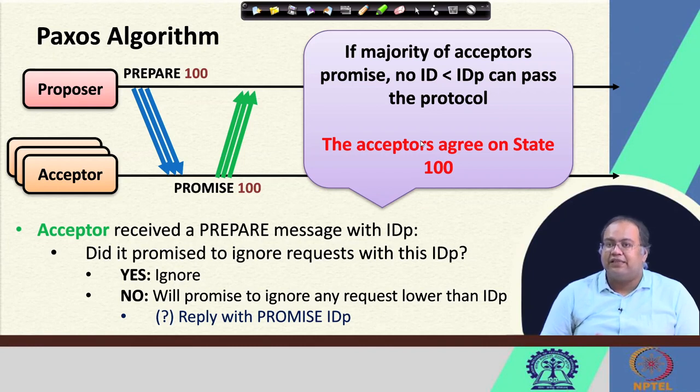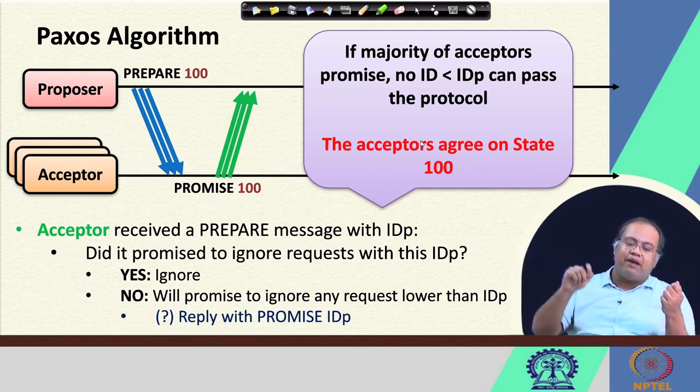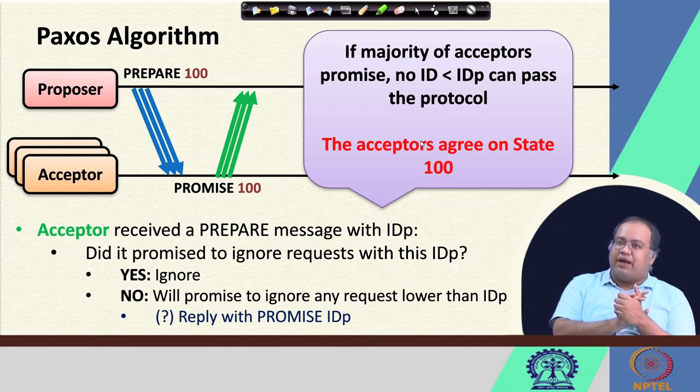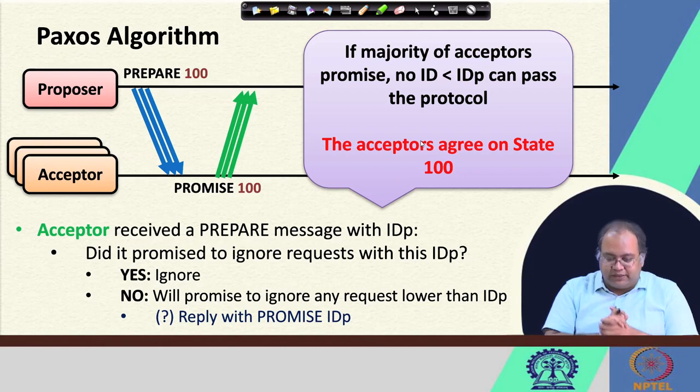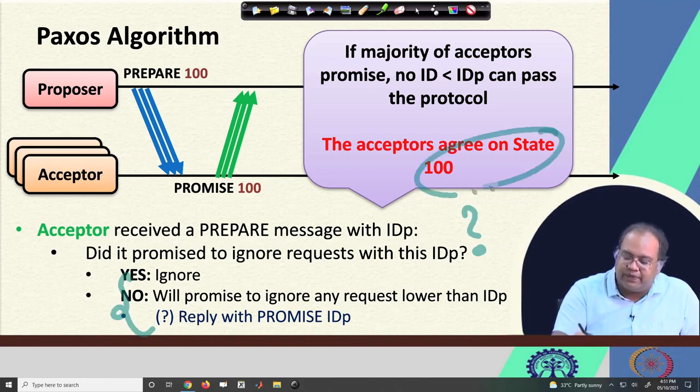This is interesting in the context of Paxos, because if a majority of the acceptors have agreed that we are going to ignore anything less than 100, that basically means if any other prepare message comes with something less than 100, it will never be able to make any progress in Paxos. It will be ignored by all the acceptors, or a majority of the acceptors. So the acceptors here agree on a state 100.